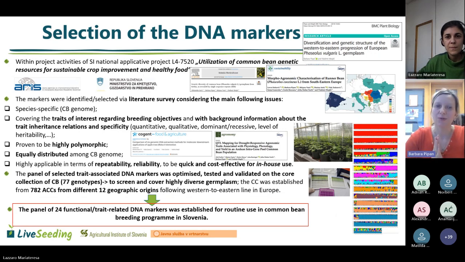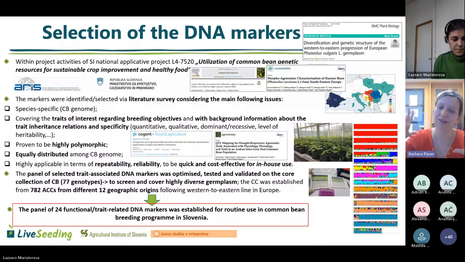Okay, so now we're going to the selection of the DNA markers. In the morning units, Teresa also mentioned that the selection of DNA markers is very important. In our case, I will now just explain how it was done.